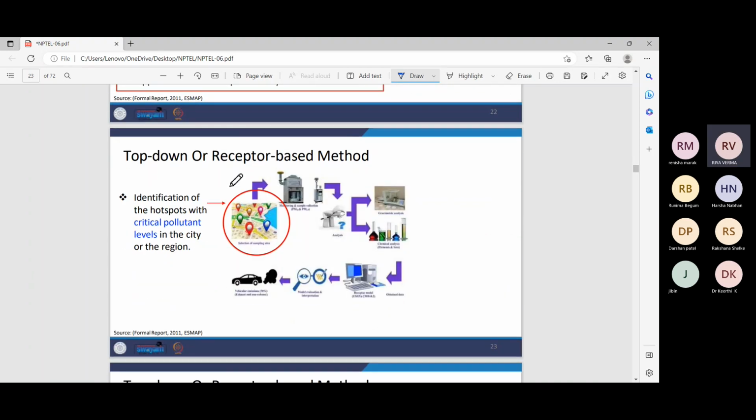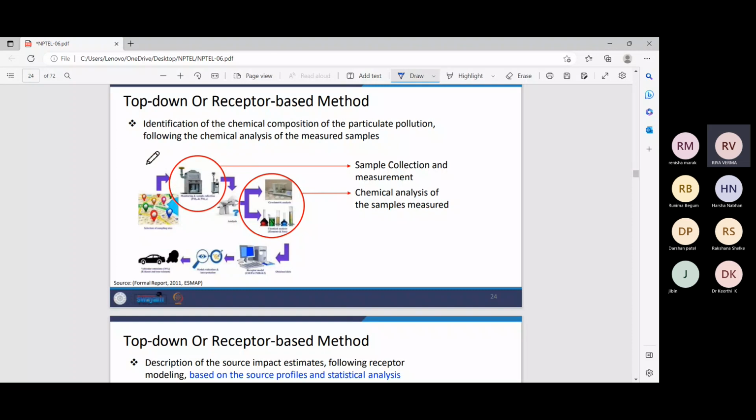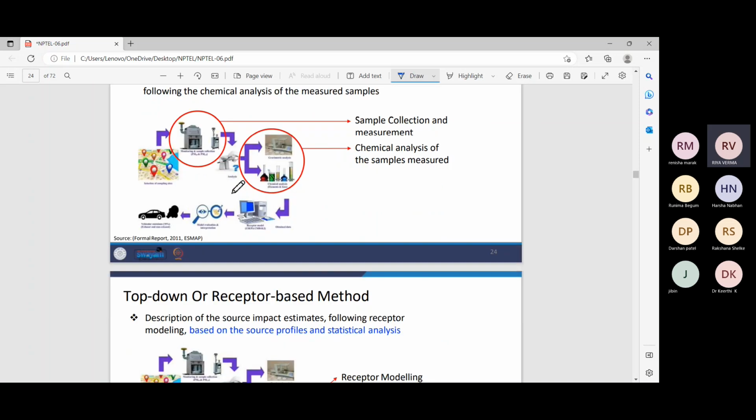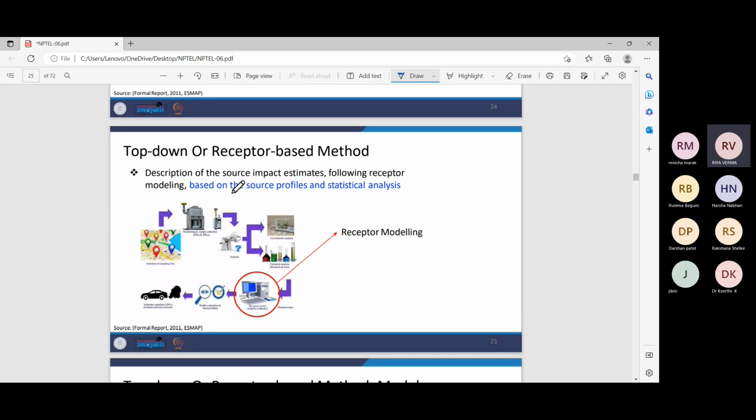So the first step is the identification of the hotspots with critical pollution levels in the city or the region. Then we go for sampling and identification of the chemical composition of the particulate pollution. This means sample collection and measurement, then the chemical analysis of the measured samples. Then we do the receptor modeling.